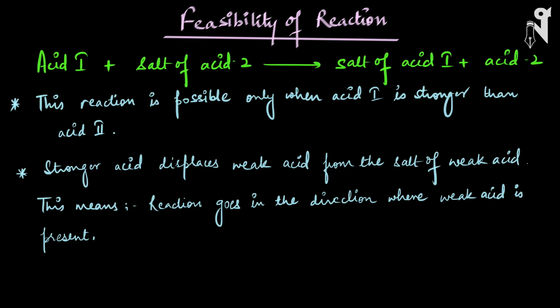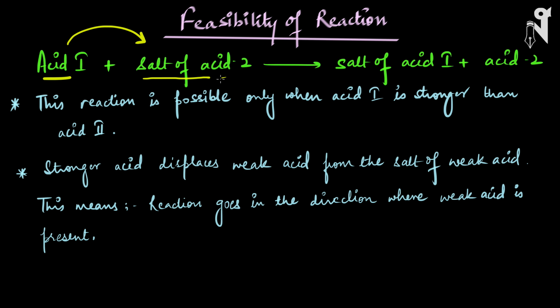Okay guys, so next is the feasibility of reaction. Here the reaction is happening between one acid and the salt of another acid. Now we have to see whether the displacement reaction we are expecting is possible or not, and whether acid 1 will be able to displace acid 2 from this salt.